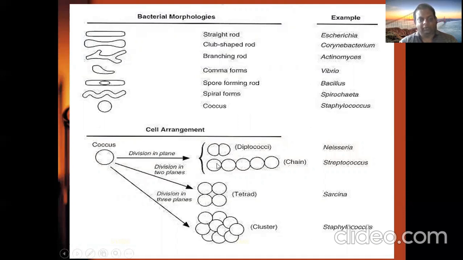If they grow in one particular direction, it's a chain. If they divide in two planes, it may be a tetrad. But if they divide in all three planes, you can see clusters. A known example is staphylococcus.